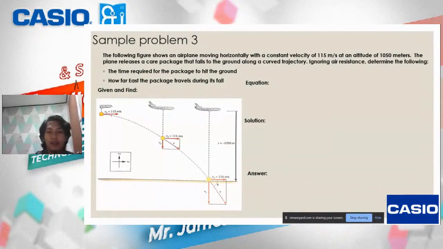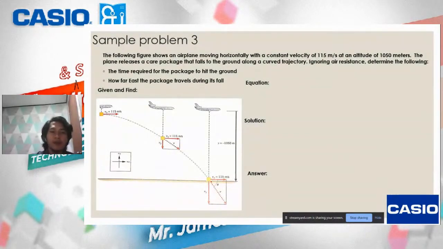Kaya, in return, magkakaroon tayo ng path na ganito, na curve. Kasi kung hindi siya curve, straight line lang siya, therefore, walang increase ng velocity or walang influence ng acceleration. So, medyo tricky siya, no? Kasi, paano natin makukuha yung time na lalapag yung ating care package papunta dito?